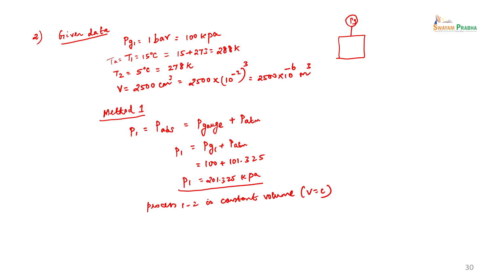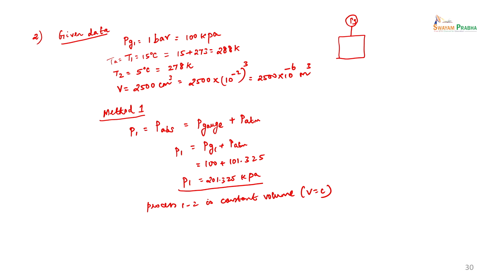Similarly, for this process also we can apply the equation of state of an ideal gas, that is PV equal to RT. So, you will get P1 V1 is equal to R T1 at state 1, and P2 V2 equal to R into T2 at state 2. Volume is constant. Divide equation 1 by equation 2, we get P1 V1 by P2 V2 is equal to R T1 by R T2.